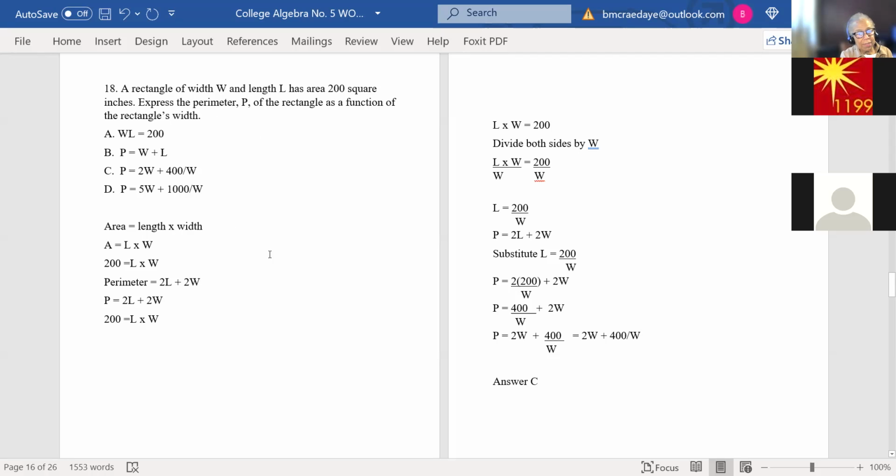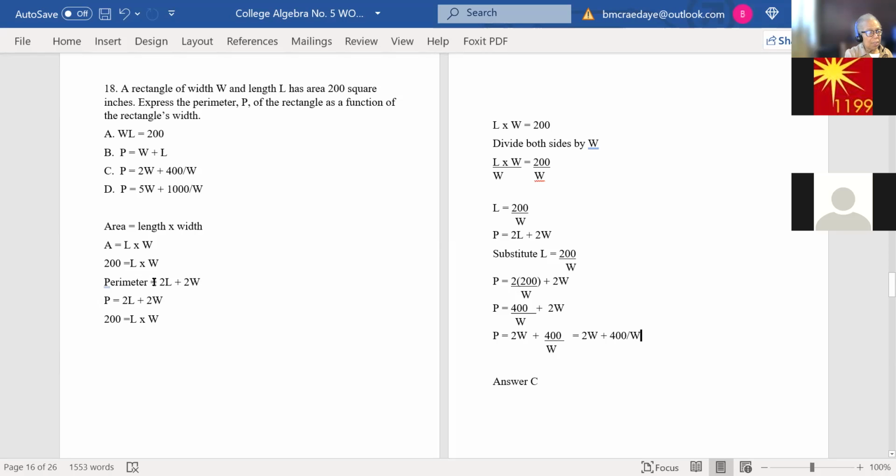So first we write some formulas. Area equals length times width. A equals L times W. We were given the area as 200 square inches. So 200 equals L times W.